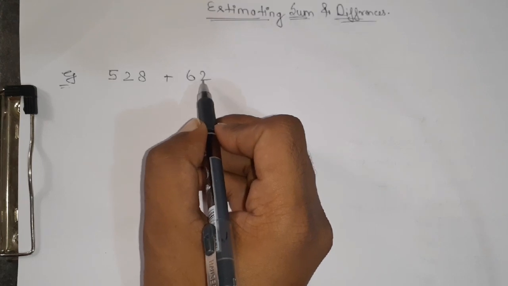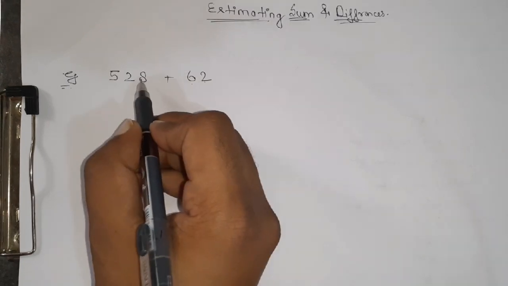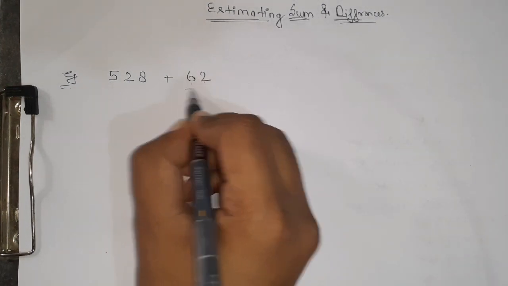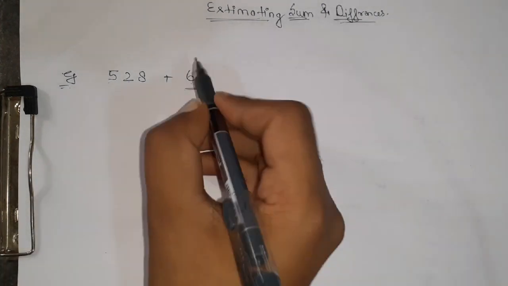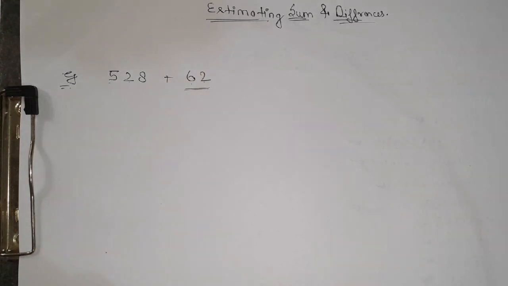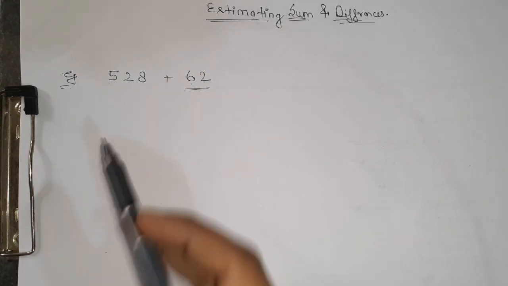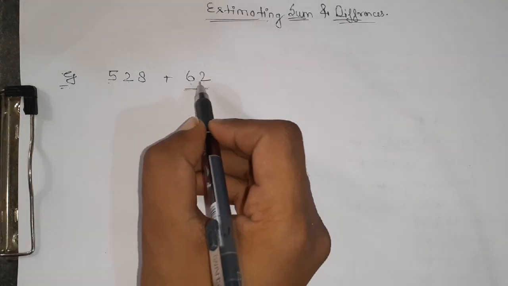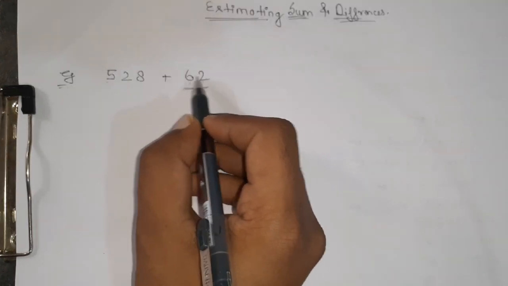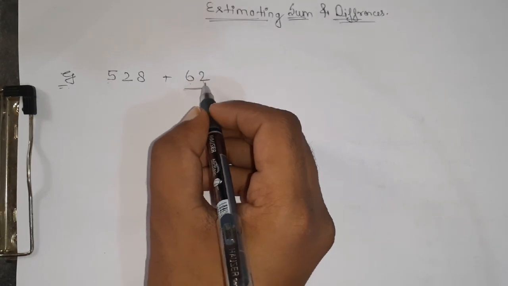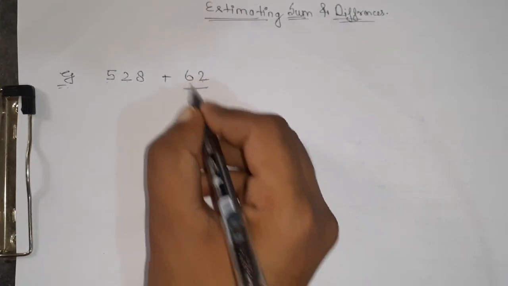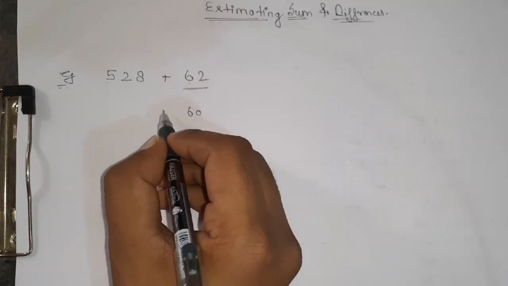This is ones and tens, and this is ones, tens and hundreds. You have to look at the smaller number, which has only two digits, ones and tens. So you have to round off all the numbers up to the tens place. This is 62, that is ones and tens. This 2 is less than 5, so it will be 60 only. We replace 2 with 0 and 6 stays 6.